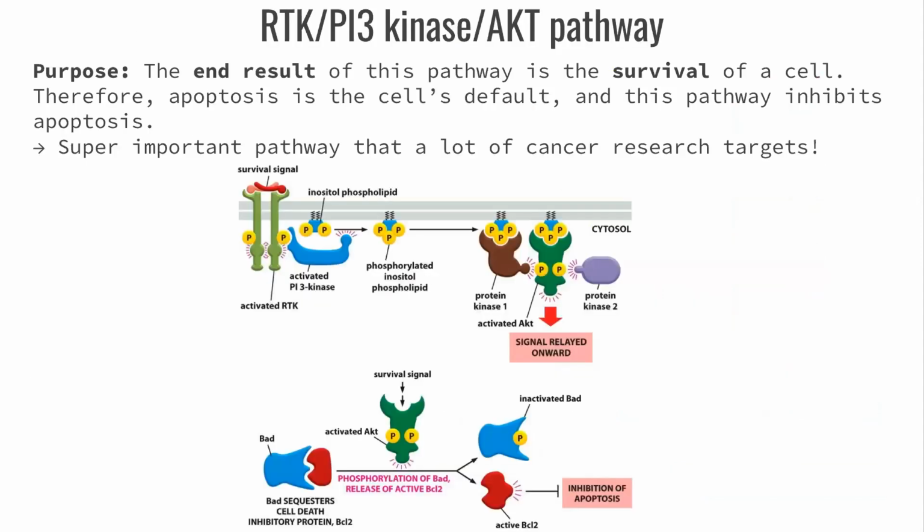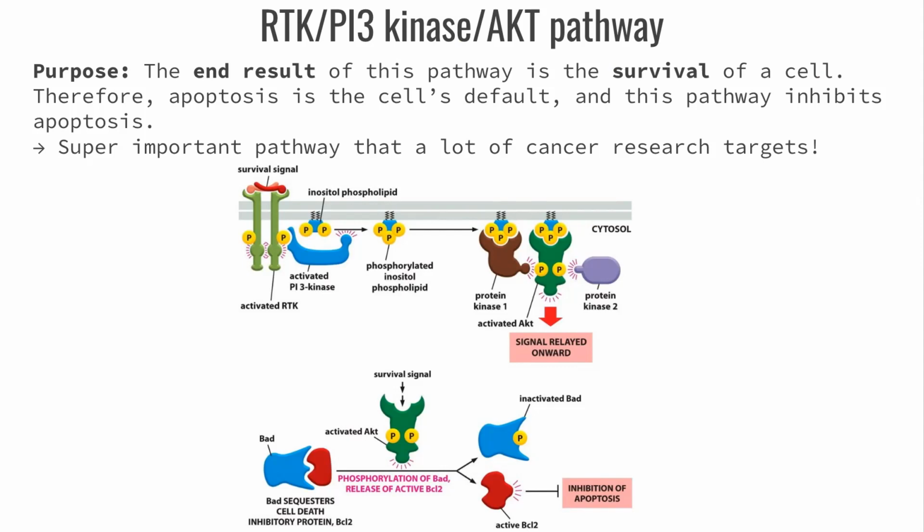Okay. Now we're on to the RTK PI3 kinase AKT pathway. So the purpose of this pathway is the survival of the cell. So the end result of the pathway is survival, and apoptosis therefore is the cell's default.